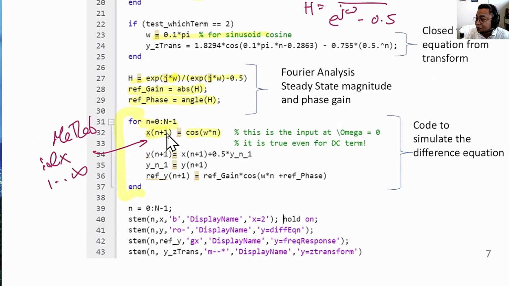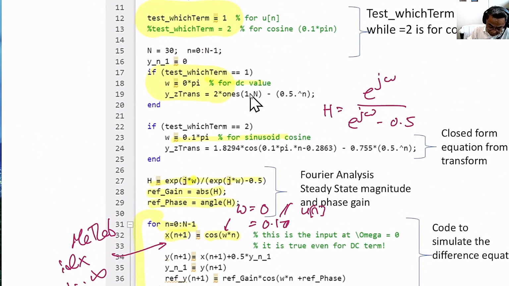So x of n plus 1 is really the term x at time 0. Anyway, we are going to use cosine 0.1 pi n or cosine 0 times n. So omega depends on whether it is 0 for the unit step, because the unit step has no change of frequency, or 0.1 pi.